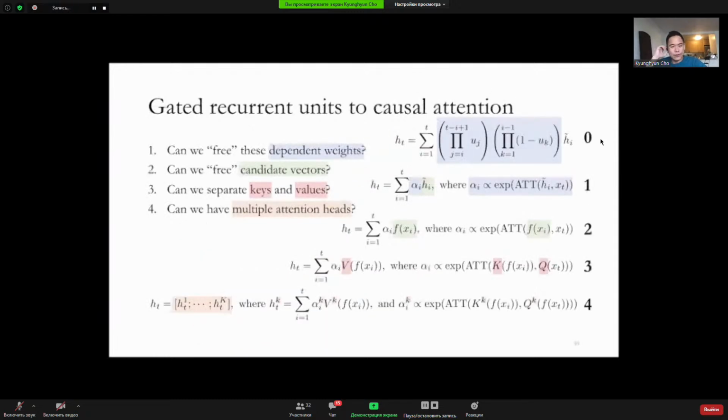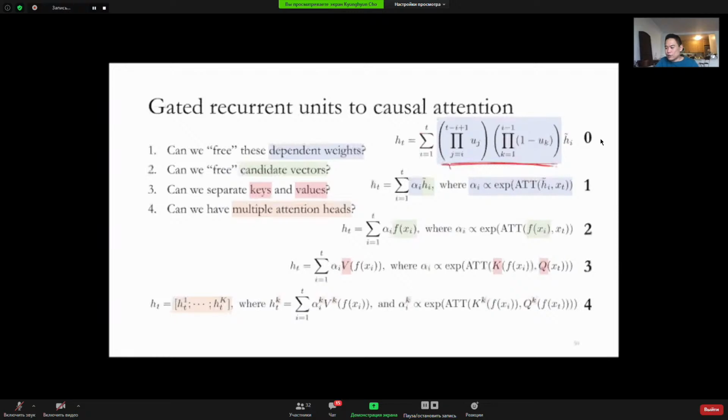And then from there, you start thinking, do we actually have to make these weights dependent on each other? Maybe we can simply free them to be whatever they are. Because at the moment, these weights are computed as a product of the many update gates, and those update gates are all dependent on each other. So can we just remove the dependence? That's the first step toward getting to the attention mechanism.